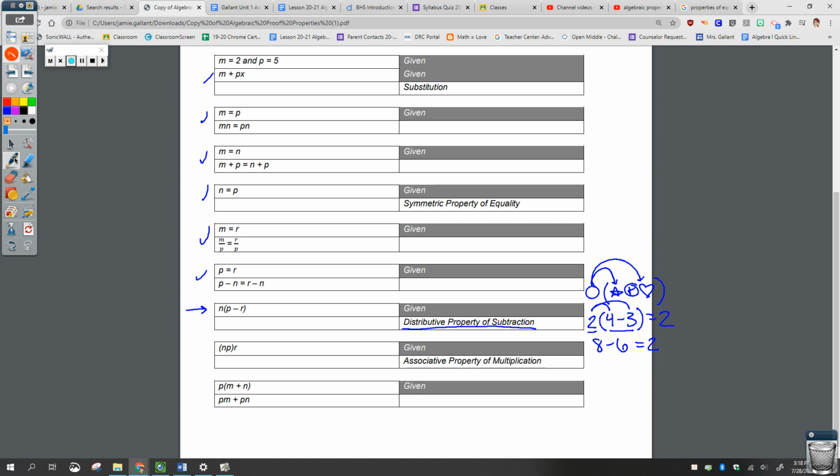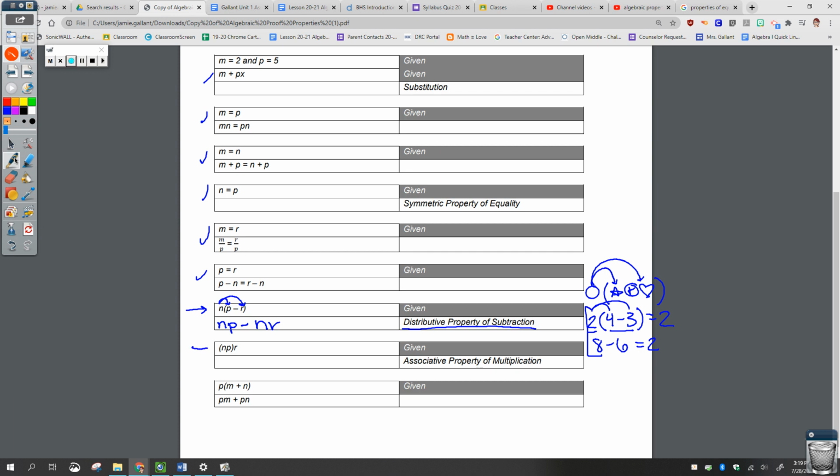That's why we're allowed to do this with variables, because it works out to be the same thing every single time. So if I distribute my n, I have n times p minus n times r. And I apologize, you're going to see this a lot. My r's and b's look alike. So that is still an r.